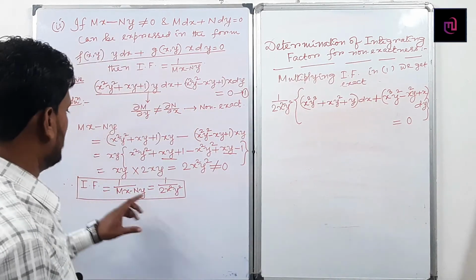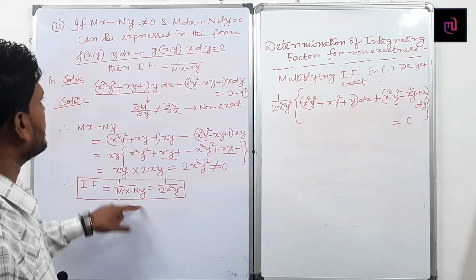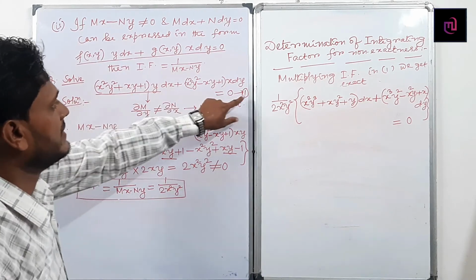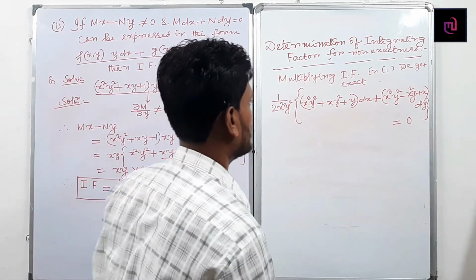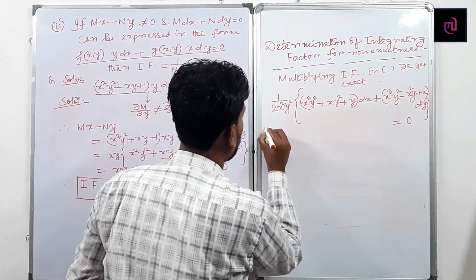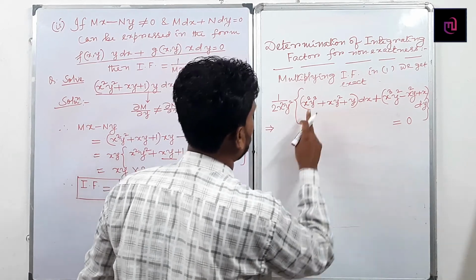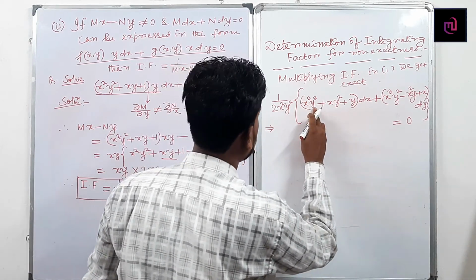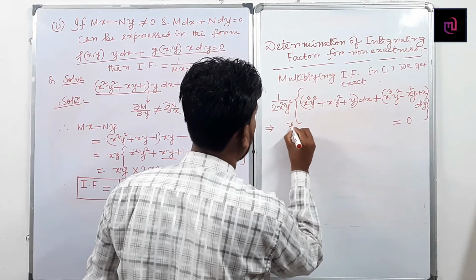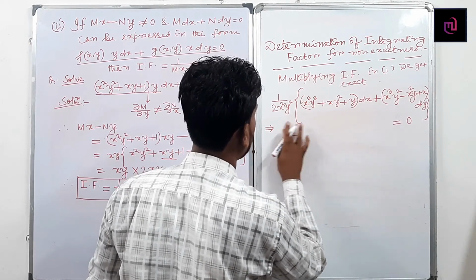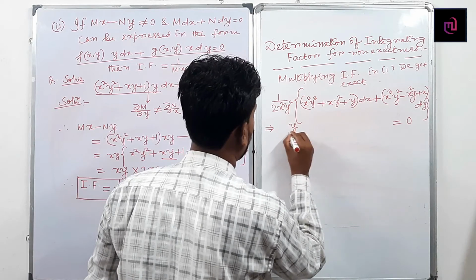So after multiplying the integrating factor in equation 1, you must get this part, so it becomes exact. Multiplying 1 by 2x²y², that means how much? x²y³ by 2x²y² gives y by 2.